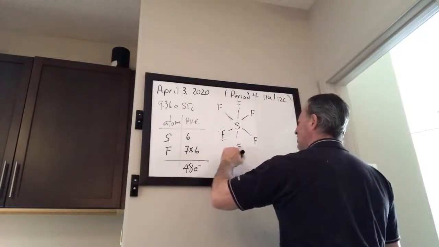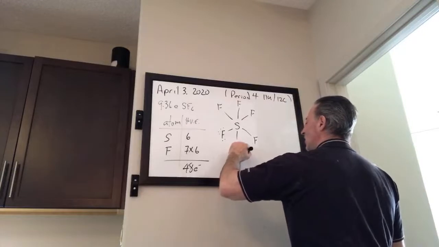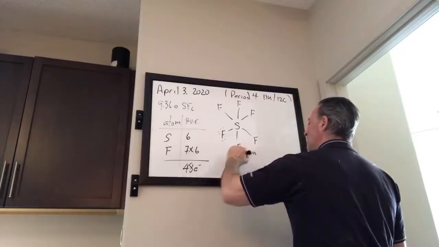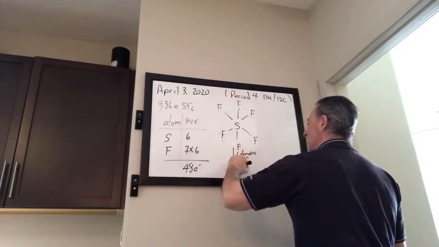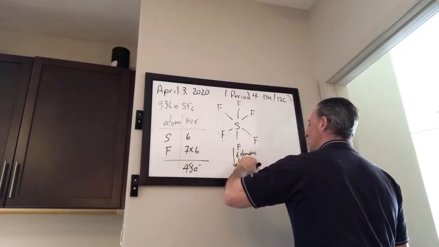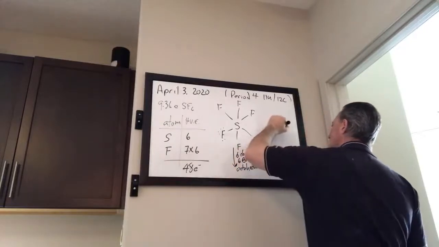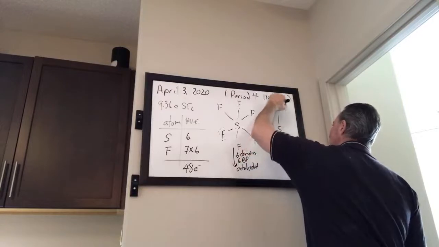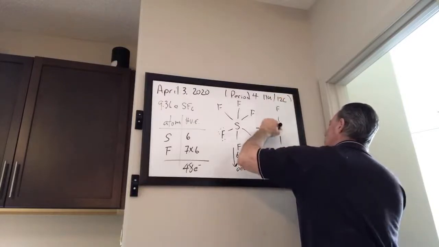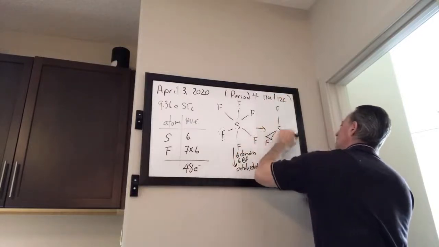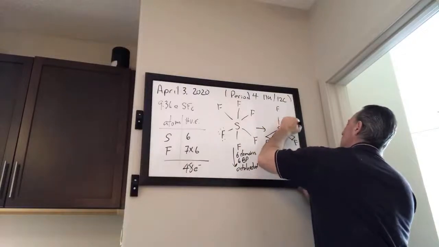You have 6 domains, you get all of them bonding, so that's going to be octahedral geometry. And the octahedral geometry is perfectly symmetrical, 1 up, 1 down, 2 coming out at you, and 2 going behind the plane of the board.